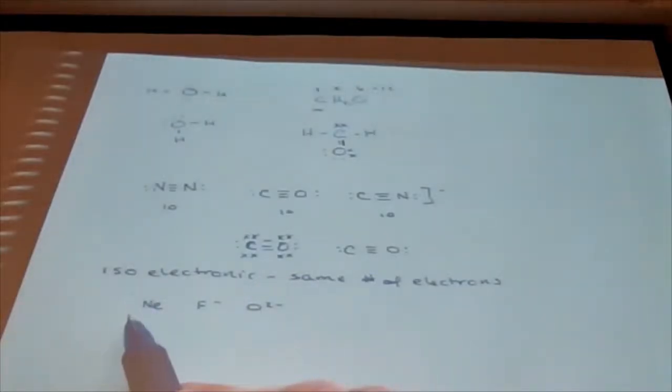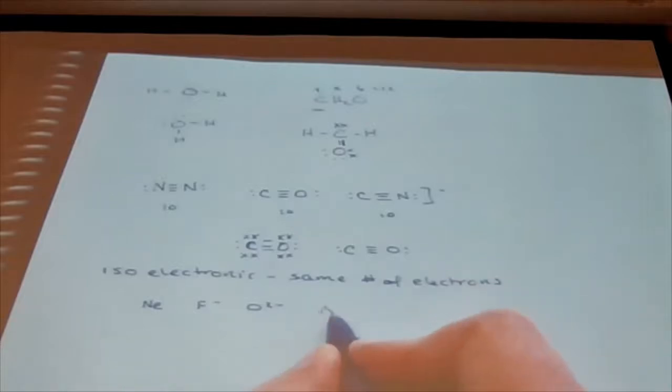Neon has 8 valence electrons, 10 total. Chlorine has 9 electrons total plus 1 electron. Oxygen has 8 total plus 2 electrons. Those all have 10. So those are isoelectronic, and they are isoelectronic with sodium plus. Sodium has 11 electrons, but I take 1 away. That's what isoelectronic means.